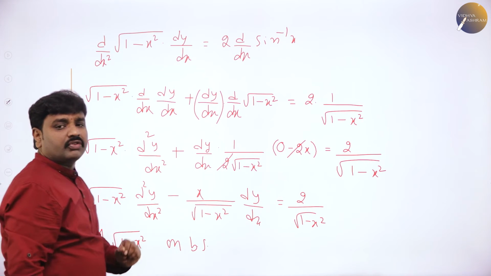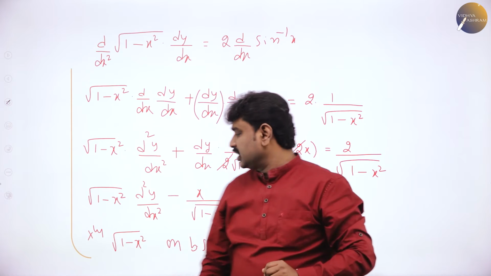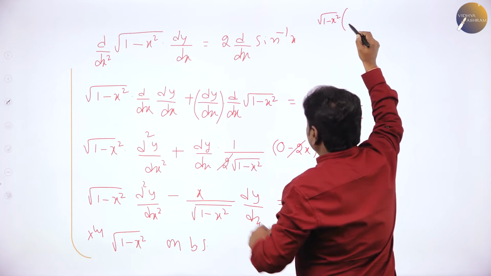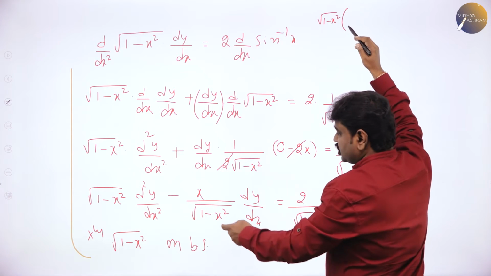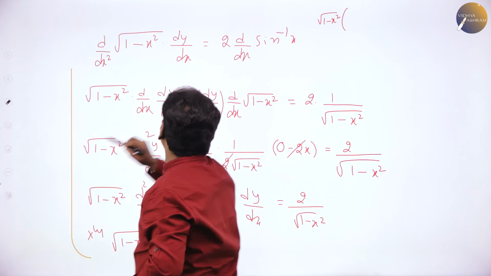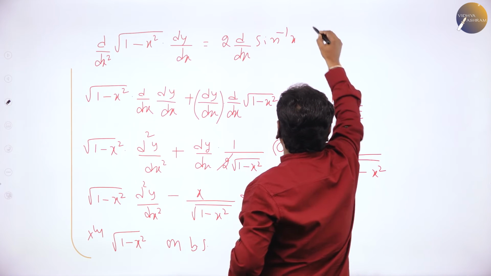So if you multiply root of 1 minus x square on both sides, what we'll get? LHS becomes root of 1 minus x square into, each term gets multiplied.